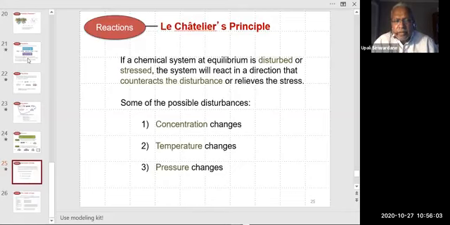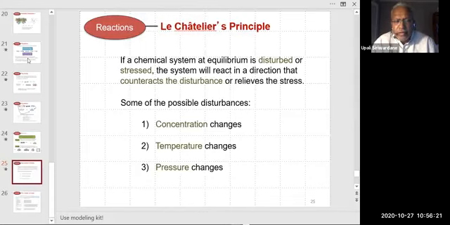This is Le Chatelier's principle. If you change a concentration, the system will react to remove or add that substance to counteract the change.